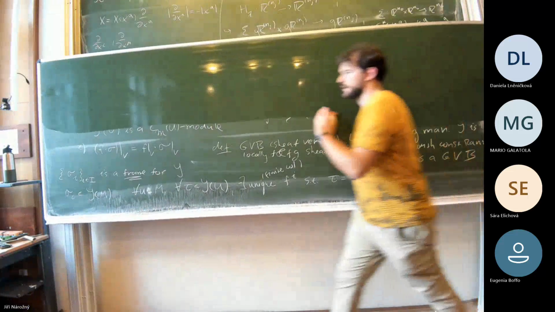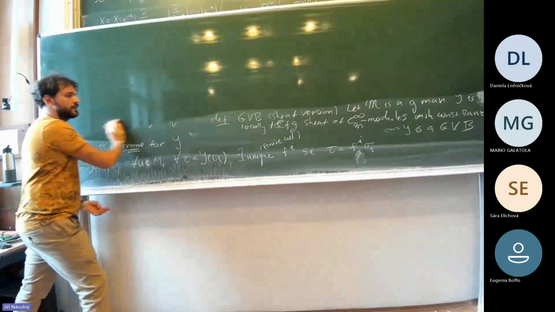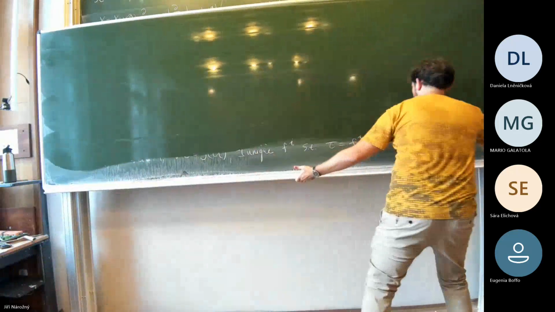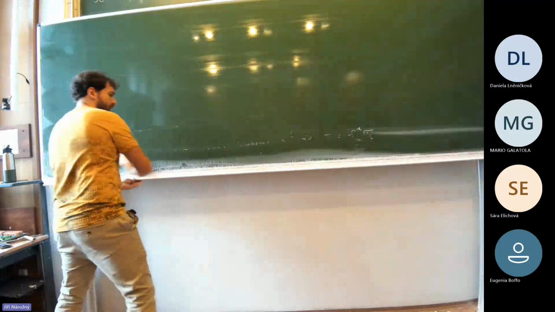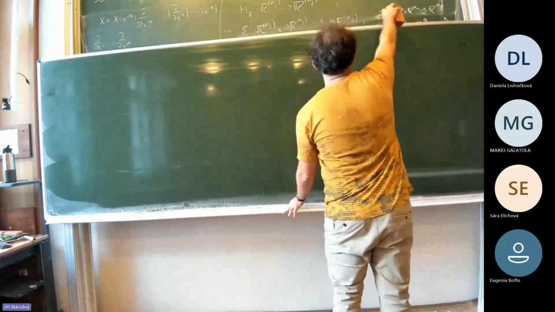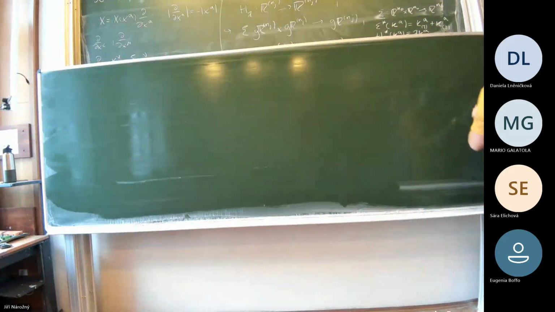Then to go ahead with this definition, we need a notion of a fiber-wise linear map in the graded manifold setting. That's why I need to convert these two maps to graded smooth maps.